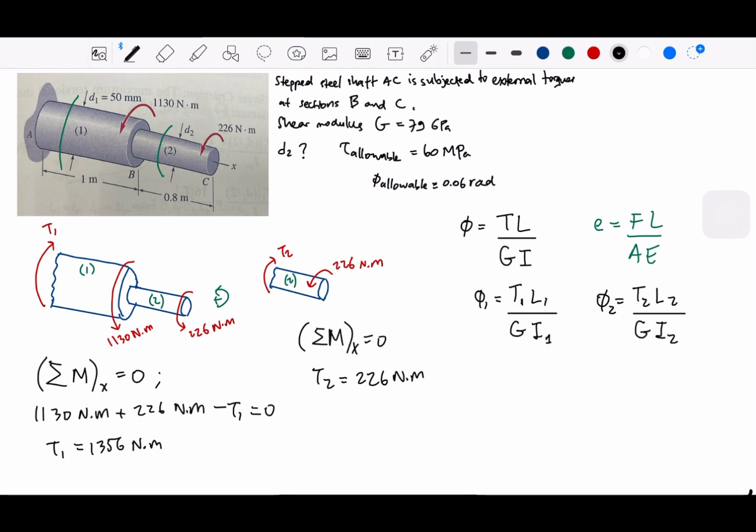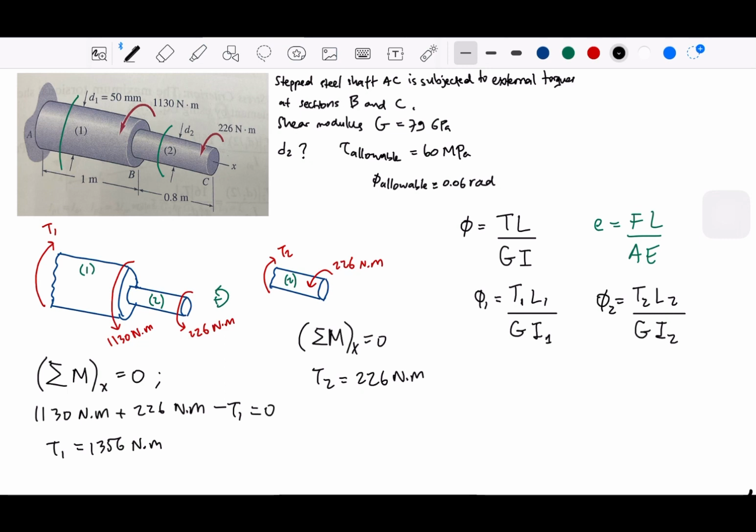And then we have the limitations. Okay. Now, what is our goal? Our goal is to find the diameter, right? Where is the diameter? We can get the diameter from the inertia.